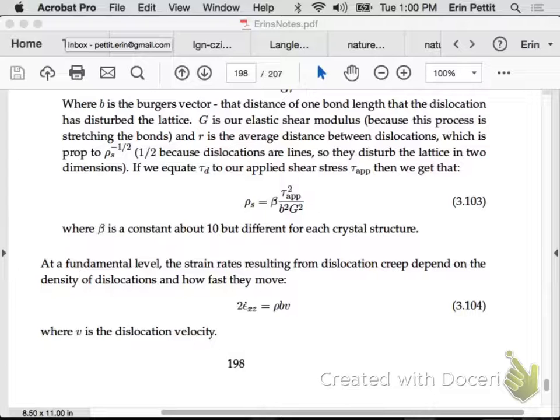So for example, you can actually derive what you would expect as a viscosity or the shear strain rate by comparing the stress that you're applying, which is creating the dislocation density, to how quickly you can move the dislocations. The strain rate will depend on how quickly you can actually move the dislocations through the material. So the speed of dislocations moving through the material will define what your strain rate is.